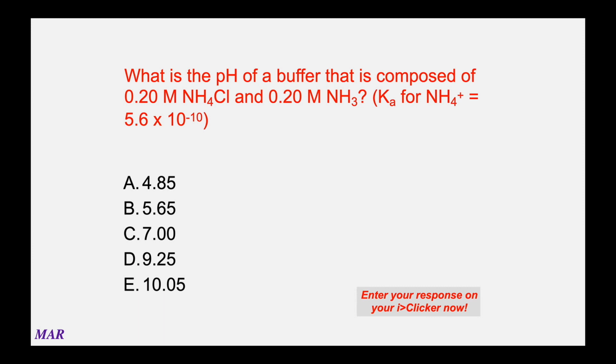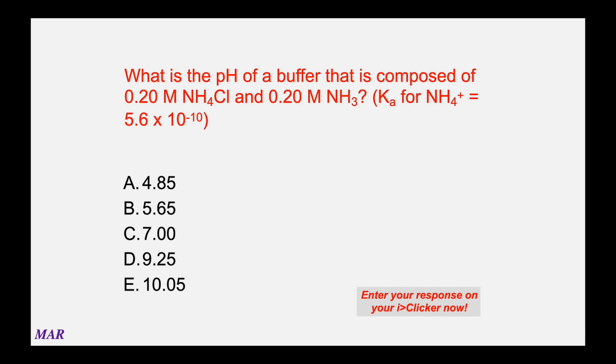Ammonium will go down because you have to make some hydronium, so ammonia and hydronium would both increase by X. At equilibrium, you'd have 0.20 minus X for ammonium, 0.20 plus X for ammonia, and X for hydronium. You'd set that all equal to 5.6 times 10 to the minus 10th. You could go through quadratic.